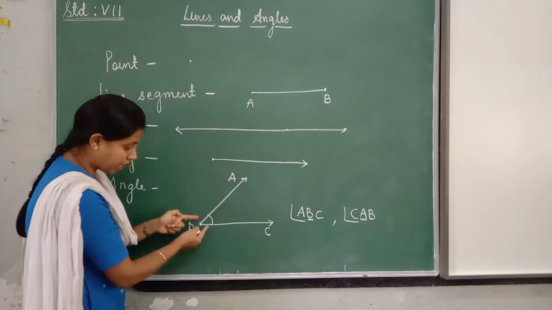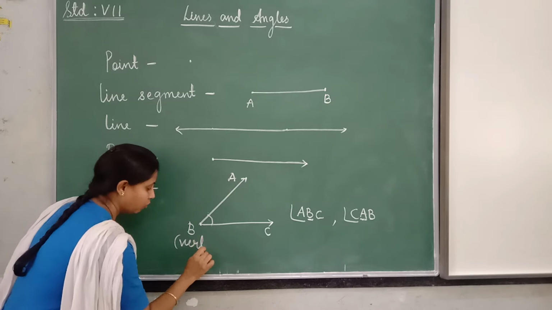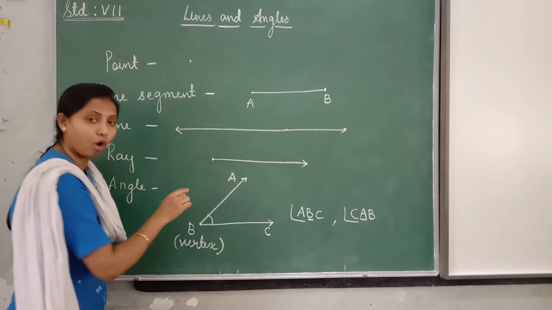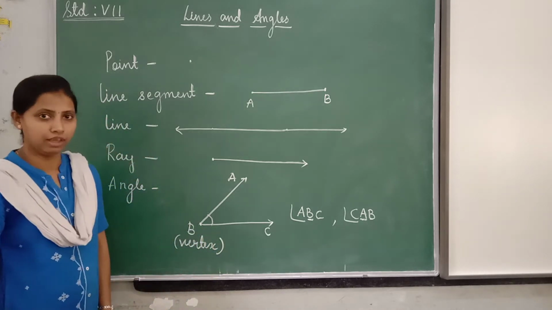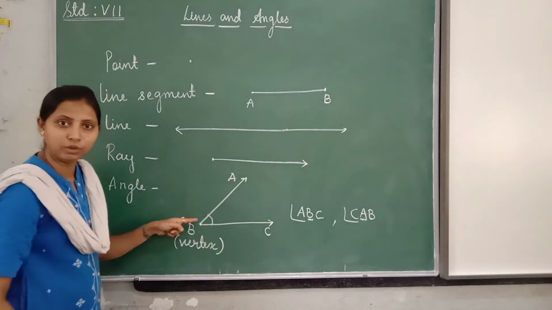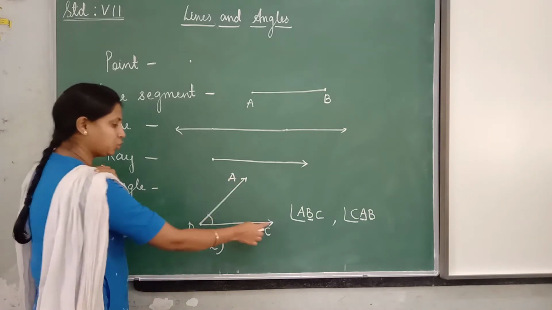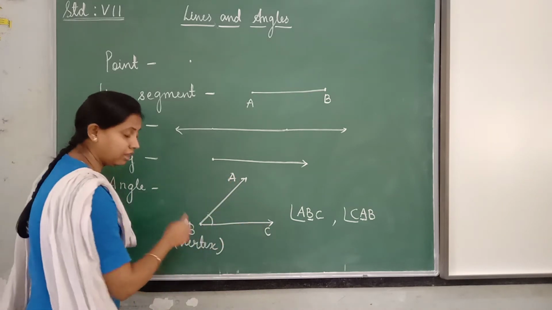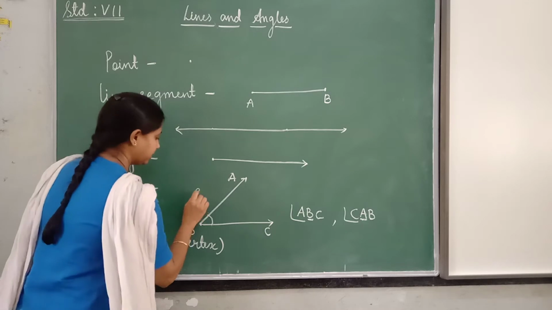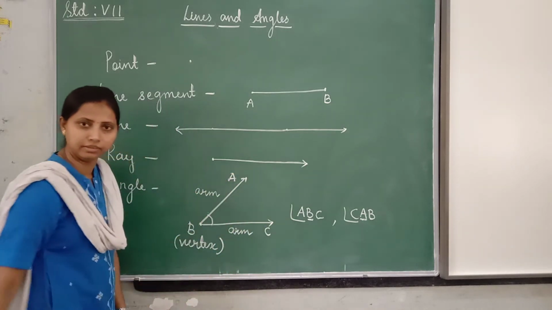The common point where the 2 rays meet is called the vertex, children. Here point B is the vertex of the angle. And these 2 rays, AB and BC, are called the arms of the angle.